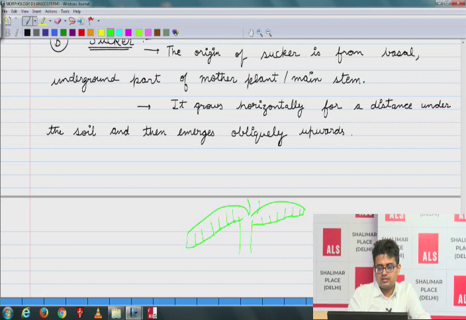Okay. So suppose this is the parent plant, right? Roots are there. Let me draw this with this color. So what will happen is a small plant will grow from this. This represents the sucker, like this.